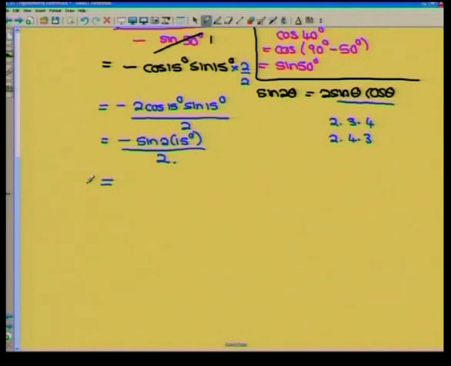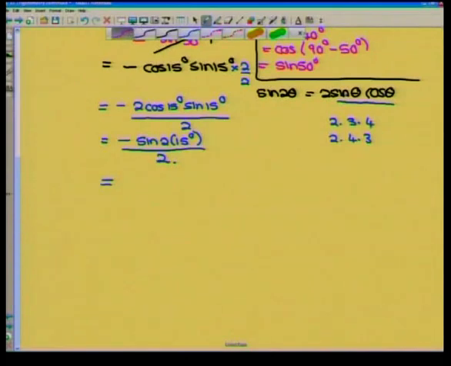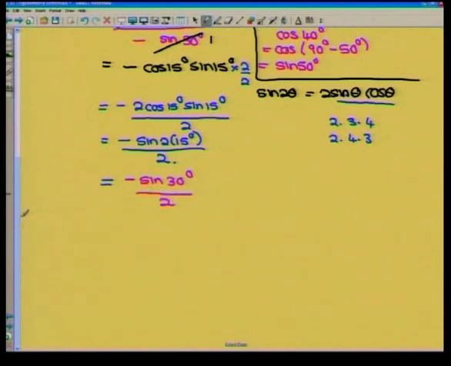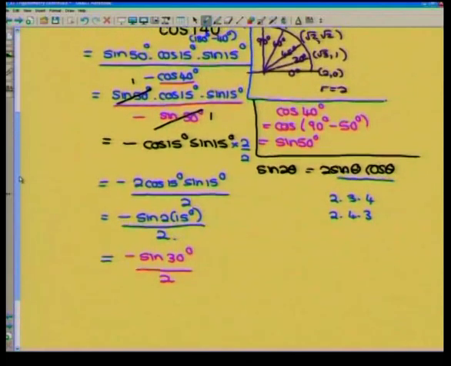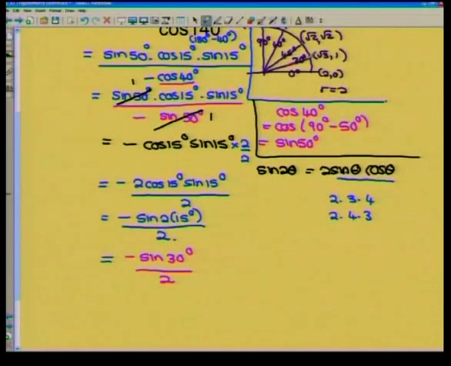Now, of course, what is 2 times 15 degrees? 2 times 15 degrees is 30 degrees, and 30 degrees is one of my special angles. So this is very good news indeed. So let's pick it up from there. So this is minus sine 30 degrees over 2. Now, if we're using our drawing, the sine of 30 degrees is over here, and sine by definition is the y value over the r, which means in actual fact I have minus a half over 2.